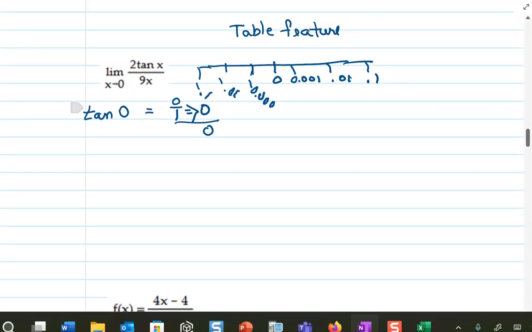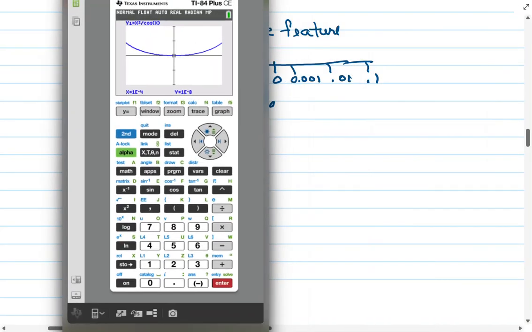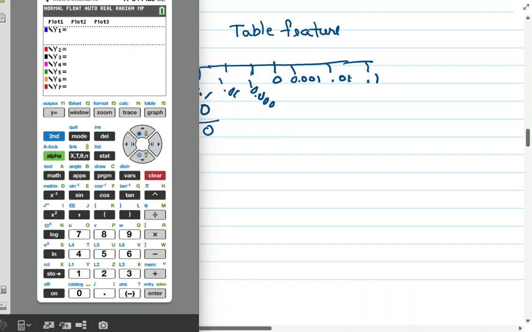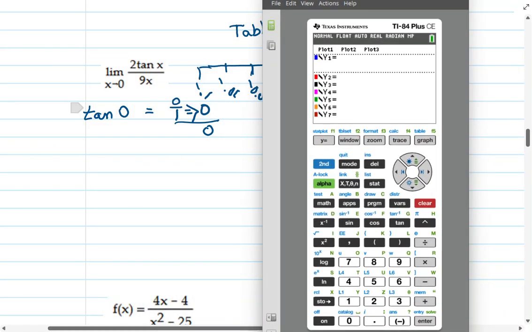And we'll use a calculator for that to build our table. So in this case, we go to our y equals, and we're going to clear it out because we're wanting a limit. And I'm going to enter 2 tan x, close parenthesis, divided by 9x.